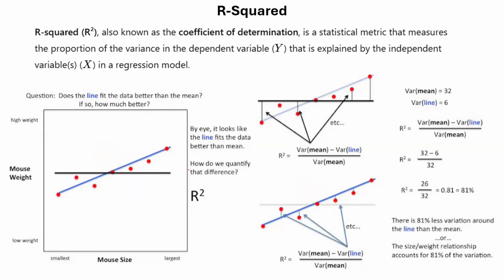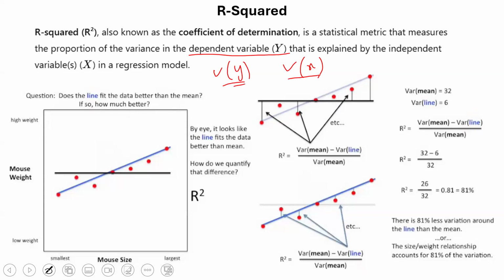How do we say how much variance in this is explained by this? You just have to subtract this from the variance of y. That is what variance of y explained by x actually means.